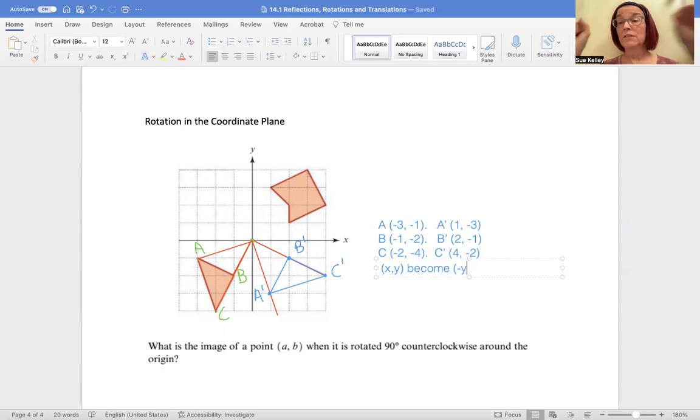If Y is negative, it becomes positive. So they're switching places and the Y is changing signs. Kind of complicated, but that may help you as you try to rotate this shape 90 degrees. I suggest you try it on your own.